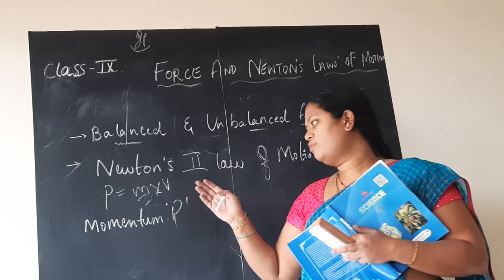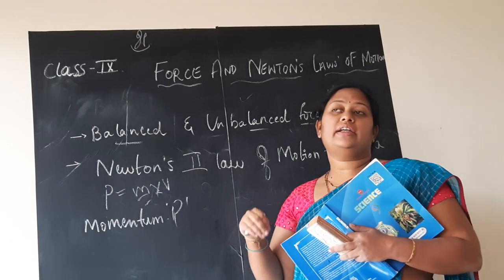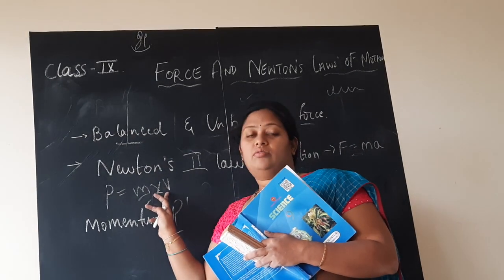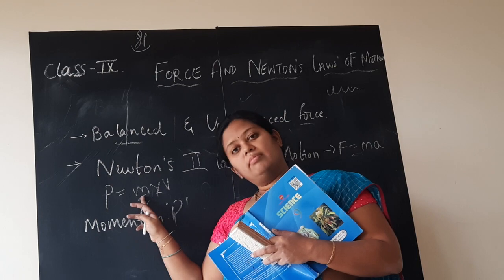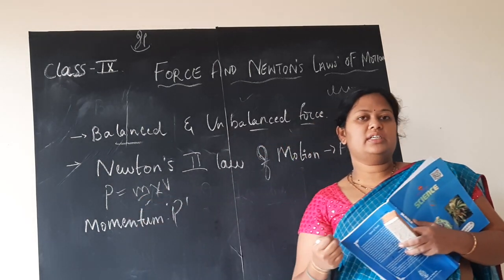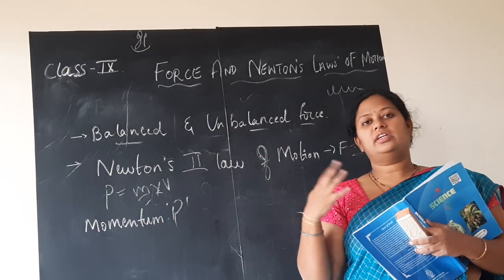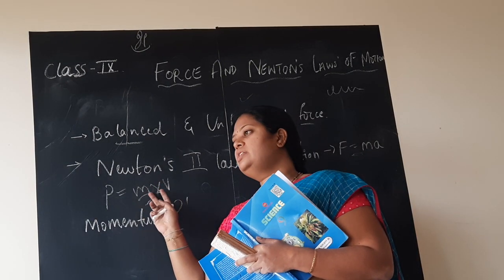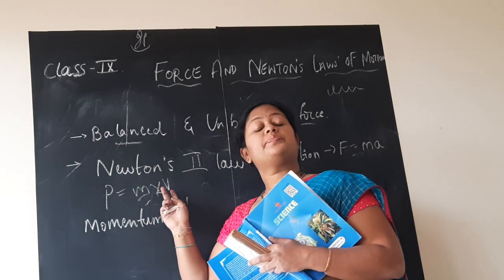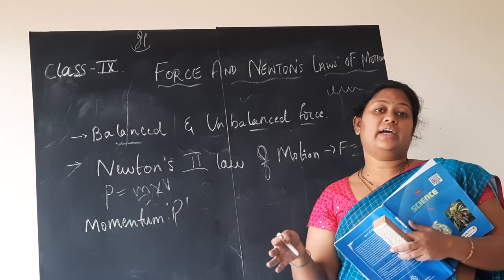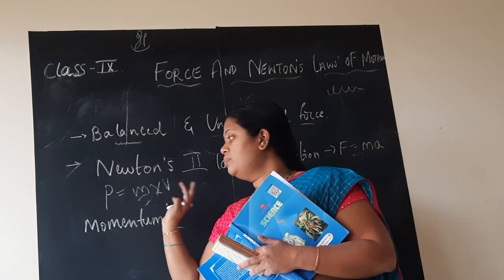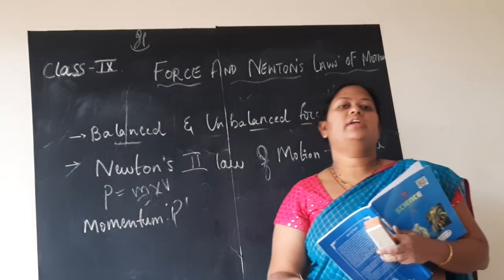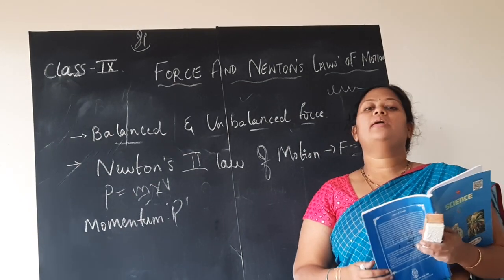Similarly, mass also has magnitude, 2 kg, 3 kg, 100 kg. Since mass and velocity have magnitude and direction, the product of both, called momentum, is again a vector quantity with both direction and magnitude.